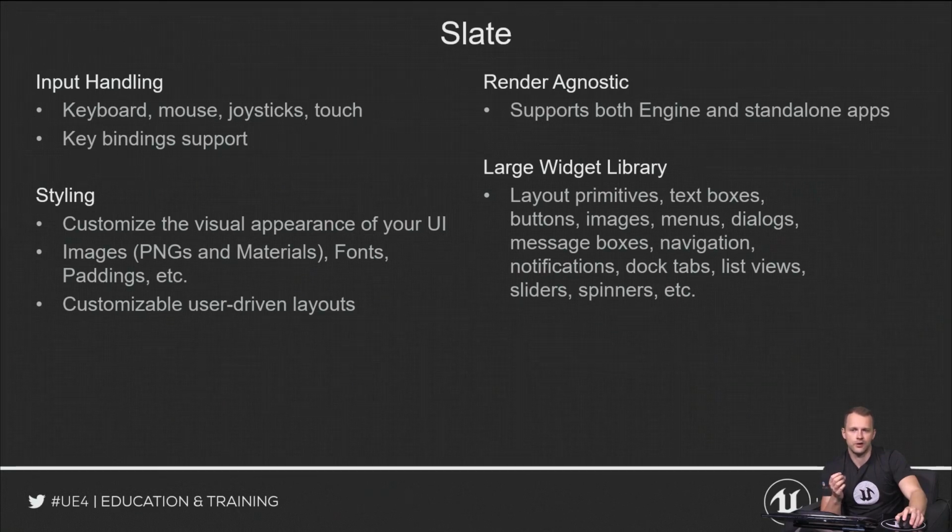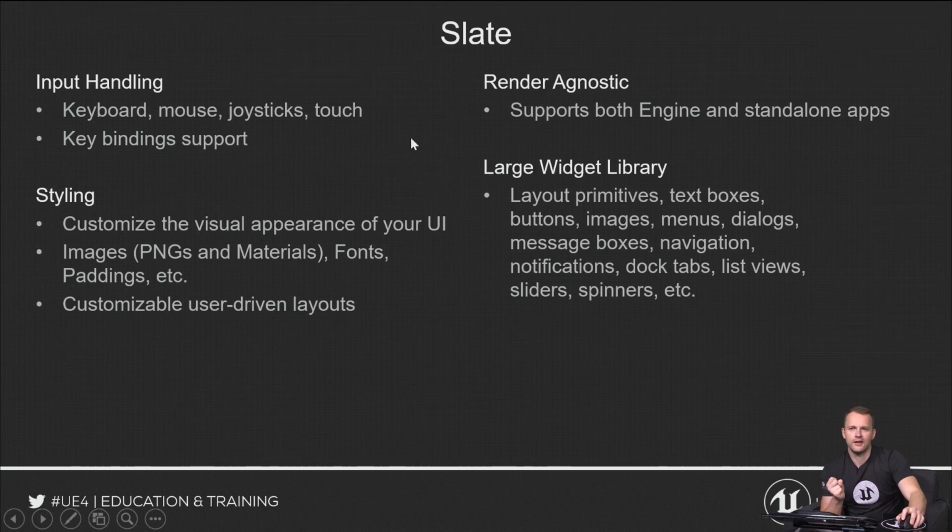Styles are used for rendering the widgets, so you can modify how a button looks or how certain things are rendered on the user interface. So it doesn't have to be all gray like the editor. You can use it for user interfaces in your games and make them look fun and colorful. It also handles animations and images and font rendering. And you can even do more complex layouts.